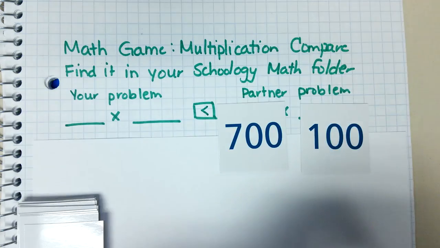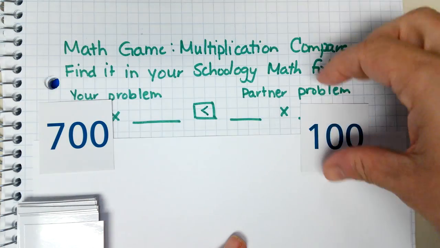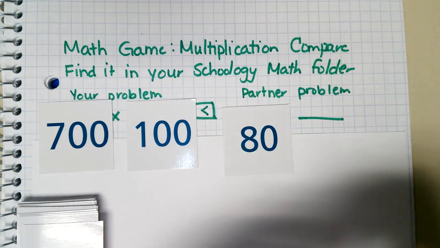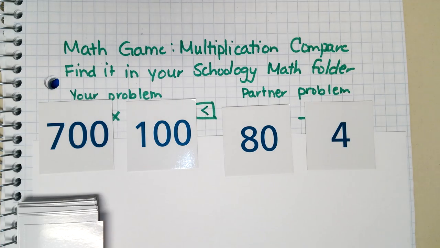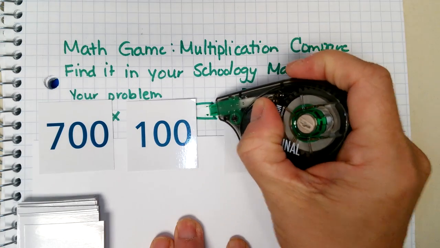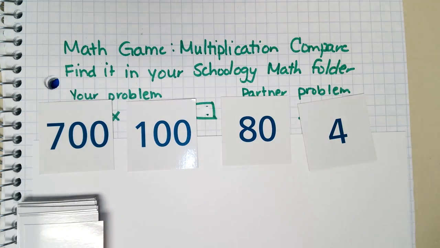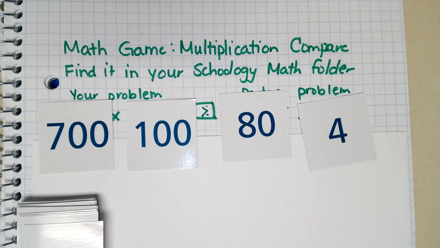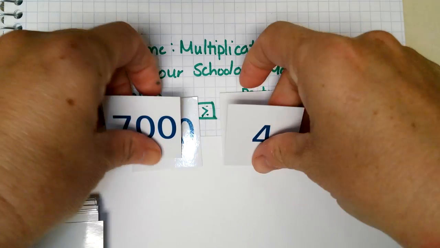If we had it on the other side, then I would flip that, right? So instead of the open mouth pointing this direction, it will be going this direction.